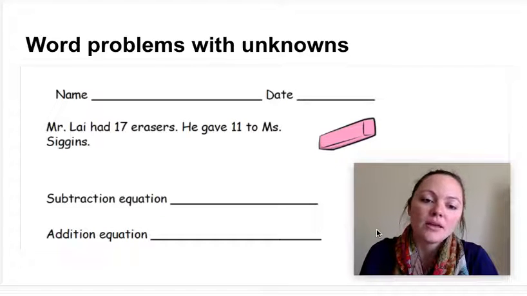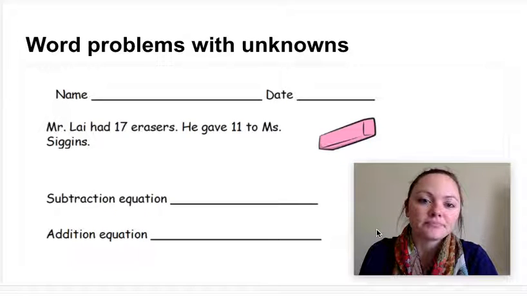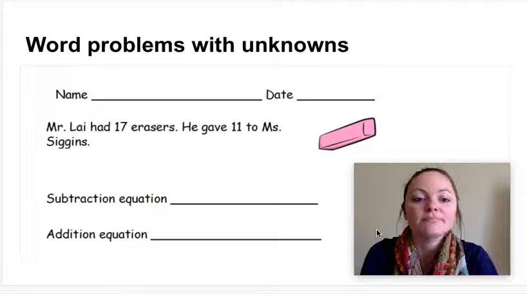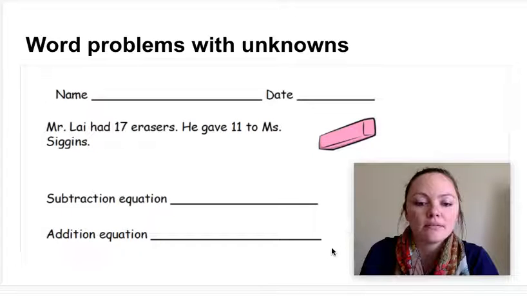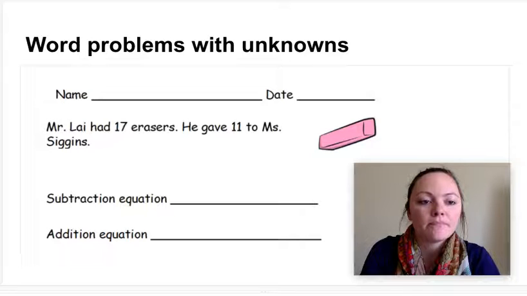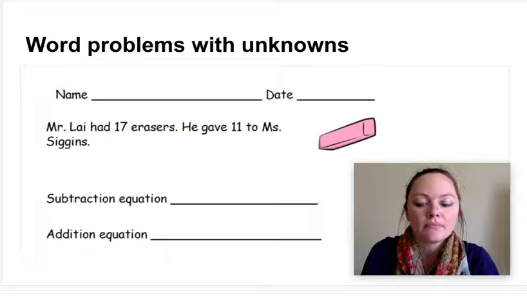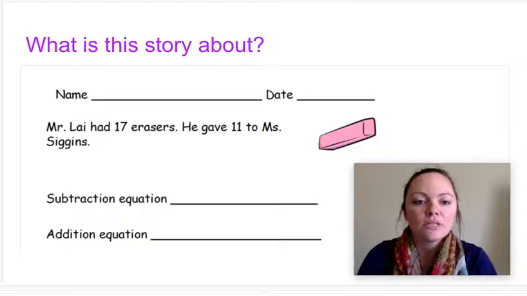It says, Mr. Lai had 17 erasers. He gave 11 to Mrs. Siggins. So what is this story about?